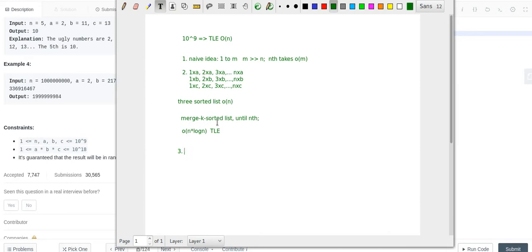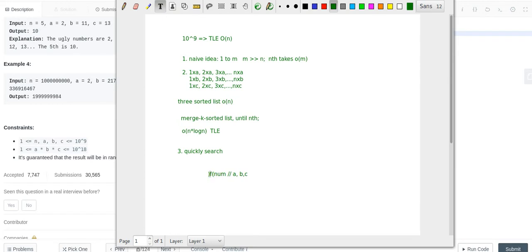With the third method, we have to consider optimizing again. So how do we optimize that? If we can quickly search, for example, we search a number m, and we find how many numbers up to m are divisible by a, b, or c.